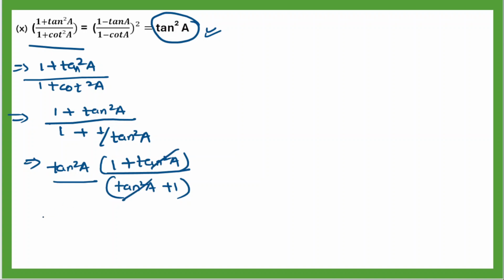So this will cancel out and you will be left with tan square A.